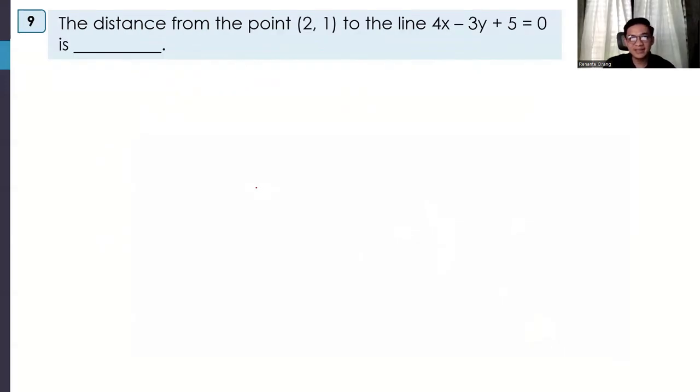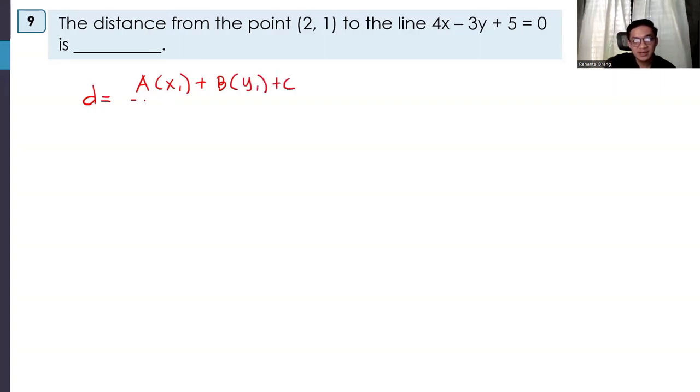Number 9. The distance from the point 2, 1 to the line 4x minus 3y plus 5 is equivalent to 0 is blank. So, we will use the same formula as before. D is equivalent to A x sub 1 plus B y sub 1 plus C divided by positive or negative square root of A squared plus B squared.